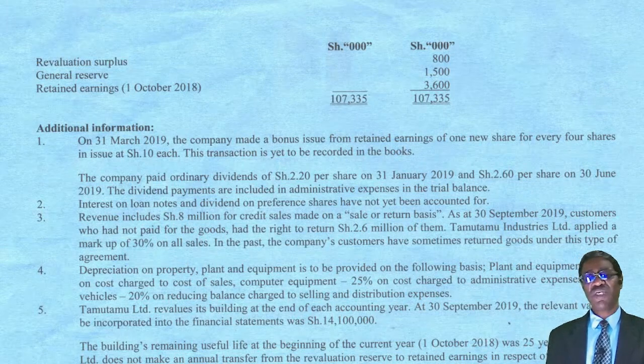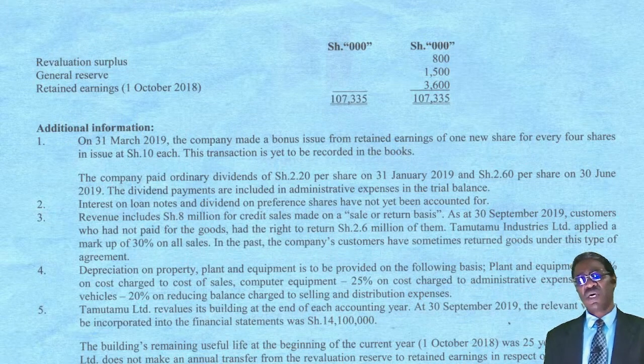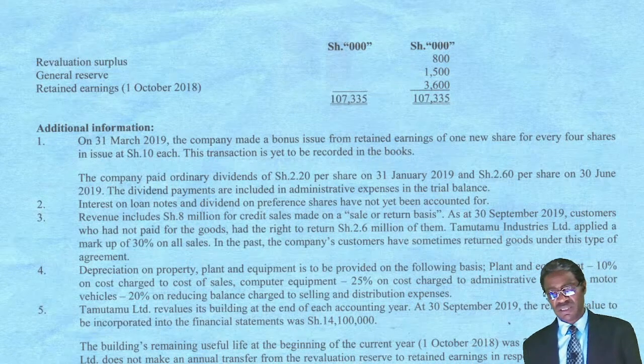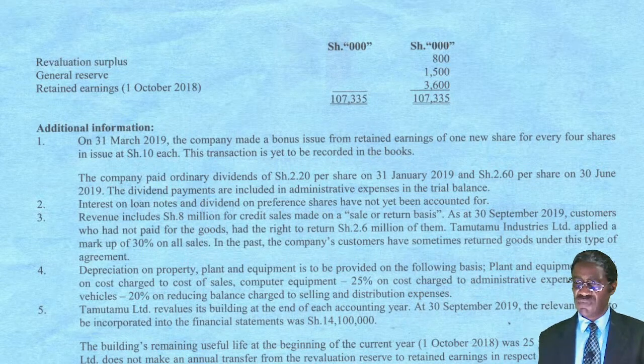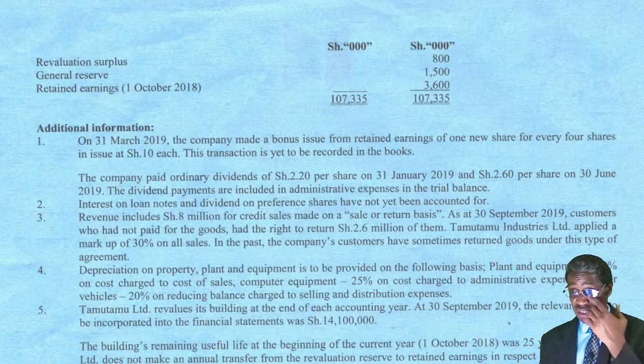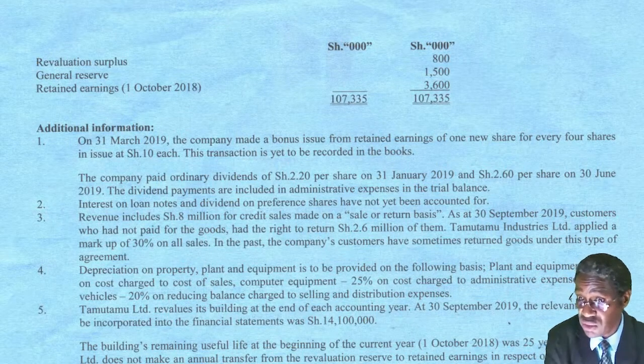The company paid ordinary dividends of 2.2 per share on 31st of January 2019 and 2.6 per share on 30th June 2019. Dividend payments are included in the administrative expense in the trial balance. So, of course, listen, there they are testing you several issues.